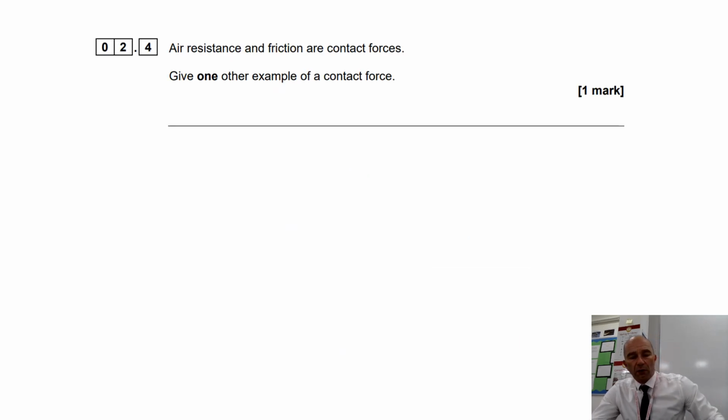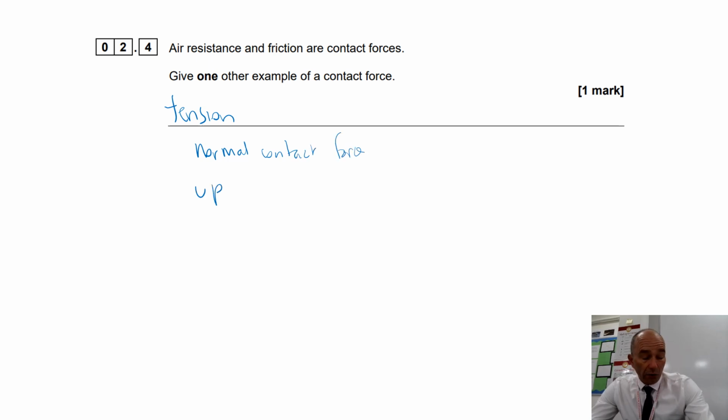And then 2.4, air resistance and friction are contact forces. Give one other example of a contact force. So we've got lots of possibilities. You could talk about tension, you could talk about normal contact force, you could talk about upthrust. Now there's also a bit of a clue.